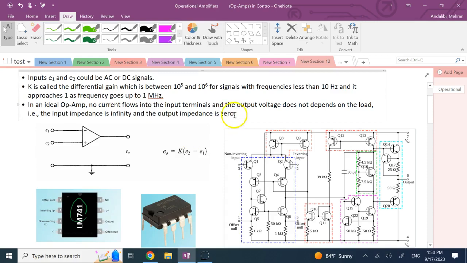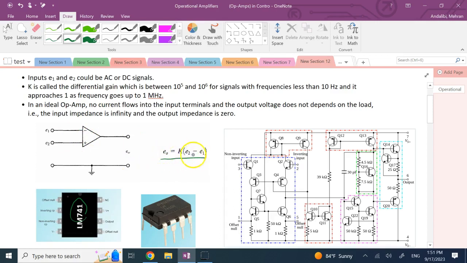In an ideal amplifier, and we'll talk about ideal, the output is a constant, which we call differential gain, times the difference between the two input voltages. So E2 minus E1, the part that goes to the positive port minus the one that goes to the negative port, multiplied by a big gain typically, is the output voltage.